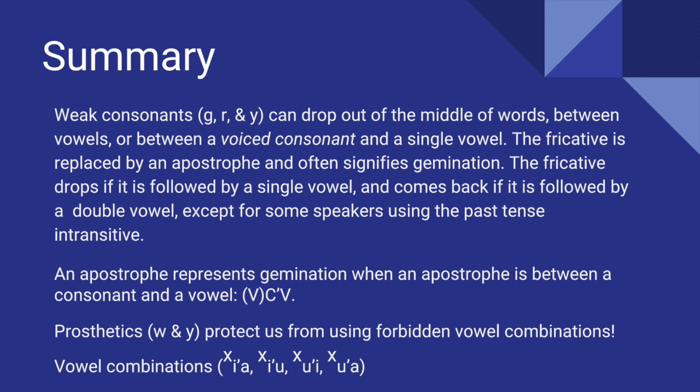The fricative drops if it is followed by a single vowel, but it comes back if it's followed by a double vowel, except for some speakers using past tense intransitives. An apostrophe represents gemination when an apostrophe is between a consonant and a vowel. And the prosthetics W and Y protect us from using forbidden vowel combinations. And those forbidden vowel combinations are listed there.